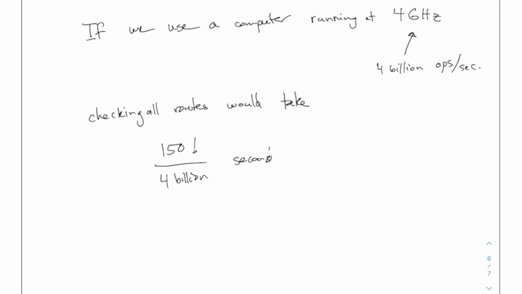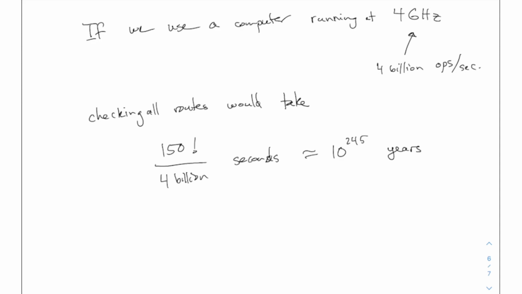Because it's this many calculations you have to do, and you're doing 4 billion per second. But what is that number? Your calculator can't handle this, but I used a big computer to do this. This is about 10 to the power 245 years if you do this division.